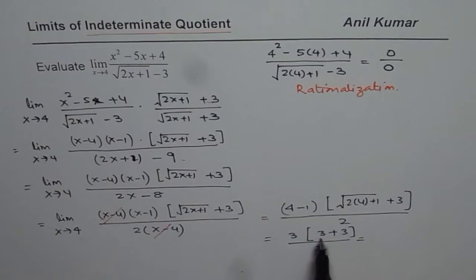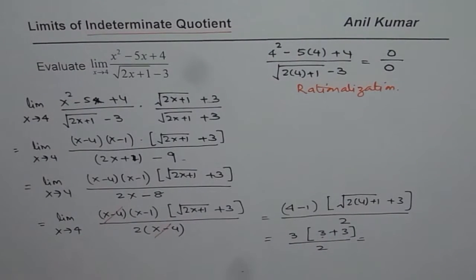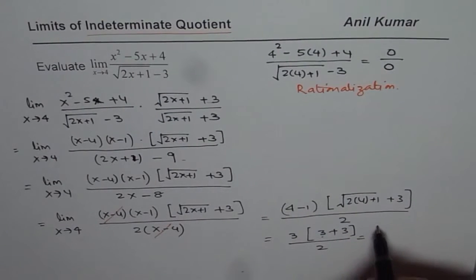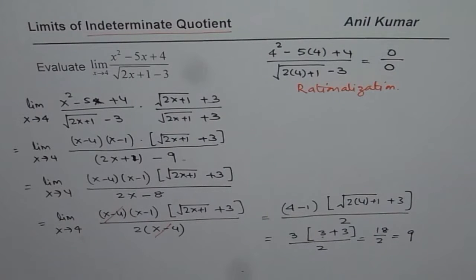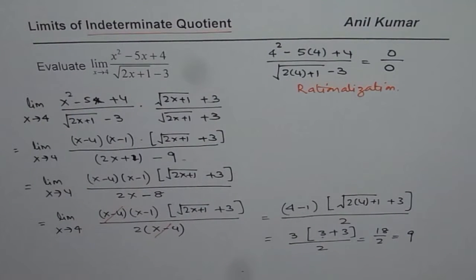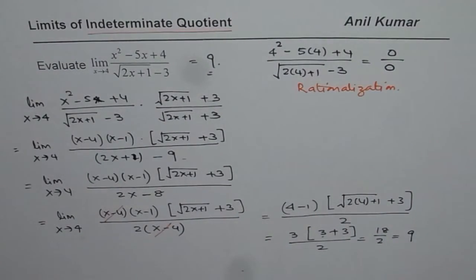So that is 3 plus 3 is 6, and 6 times 3 is 18, right? So we get 18 over 2, or 9 as our solution, right? So 9 is the limit for the given function as x approaches 4. So we can write 9 as our answer. That is how it should be solved.